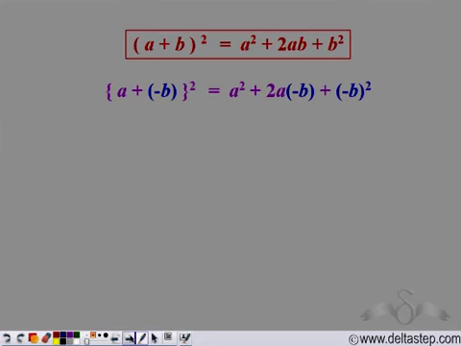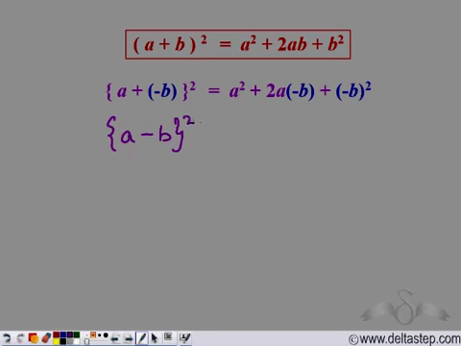So let us see what happens if we substitute a negative b in place of b in this identity. So if we substitute a negative b, we get a plus, and negative b becomes minus b.